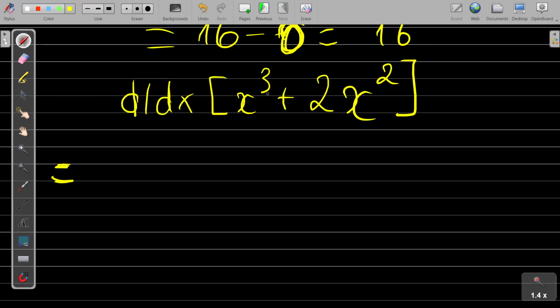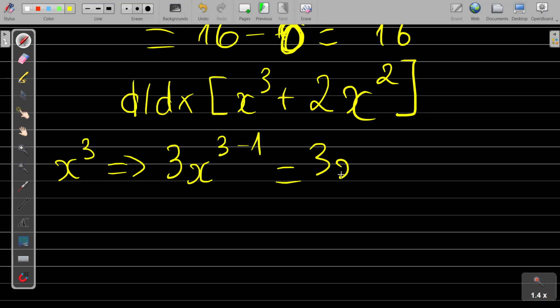So we do our classic shortcut here. Let me just write it like this to make it easier if you're not too used to this. x to the power of 3. We bring the current power down next to x, and 3 minus 1 gives us 3x squared.